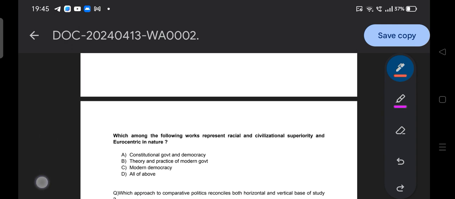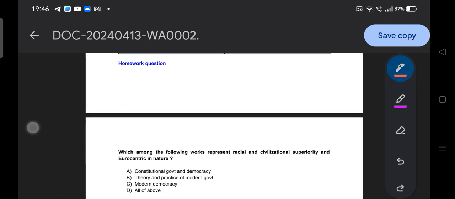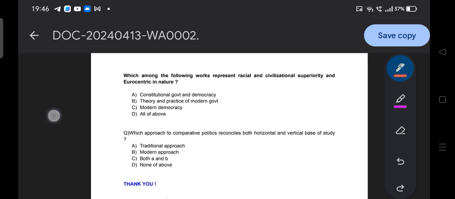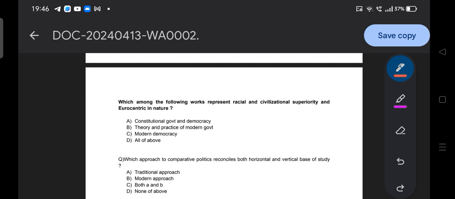And lastly, there are two homework questions from my side. As you participate in the homework questions, I am also putting extra effort from my side, so two homework questions for you this time. Which of the following works represent racial and civilizational superiority and are Eurocentric in nature?